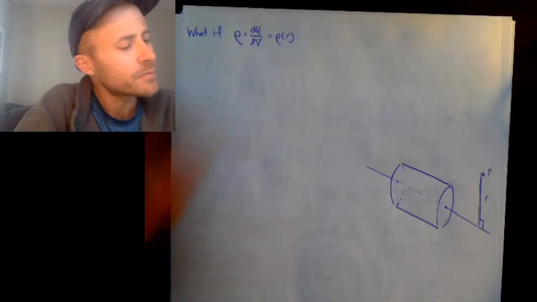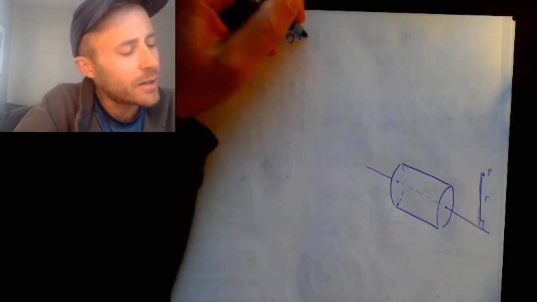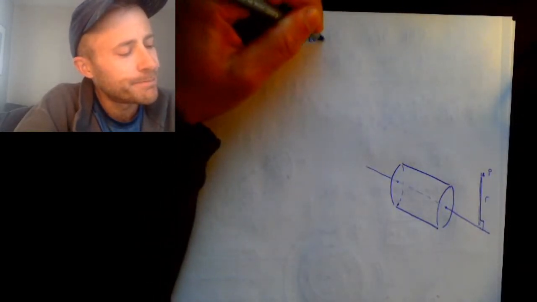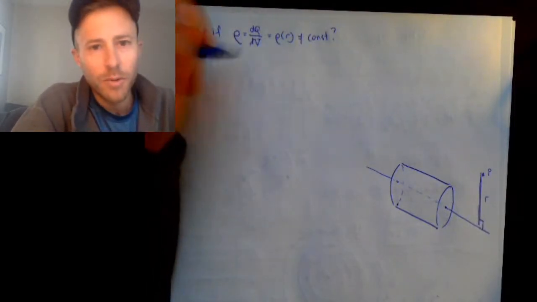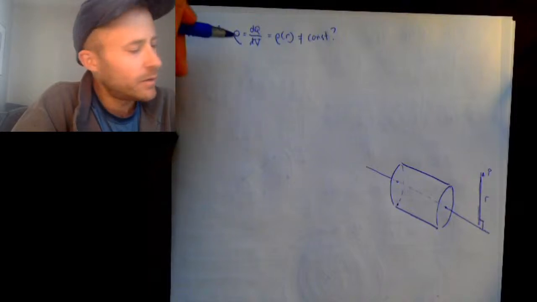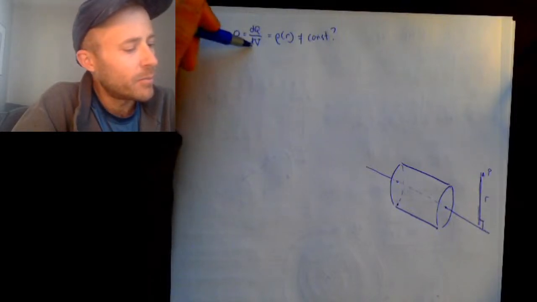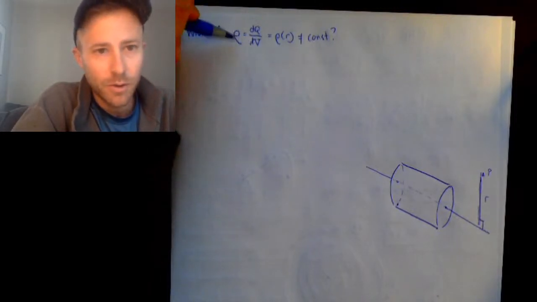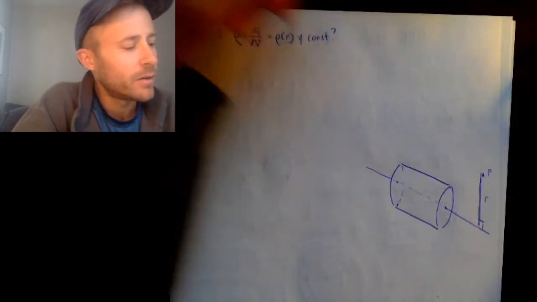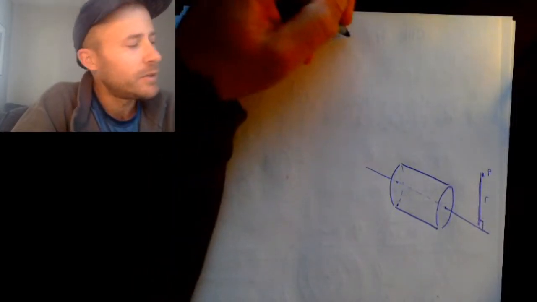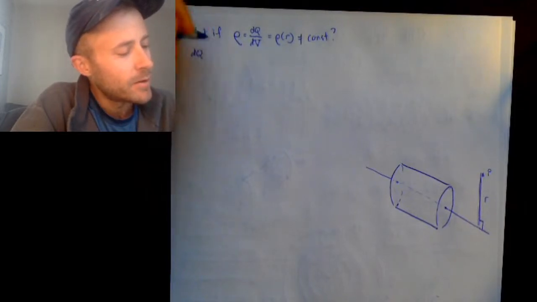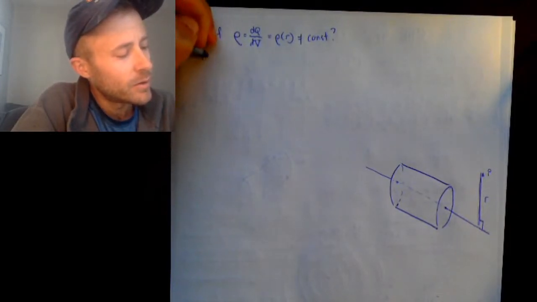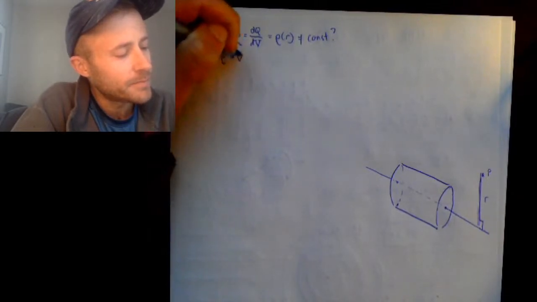Okay? So what if rho is not equal to a constant? Well, if we multiply both sides by dV, d volume, we get dq is rho dV.